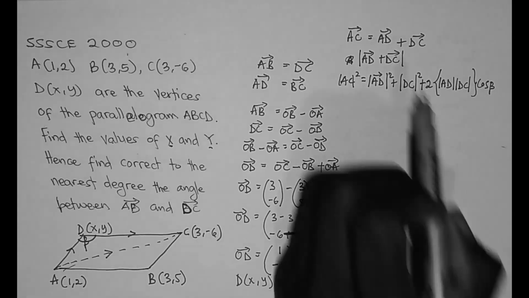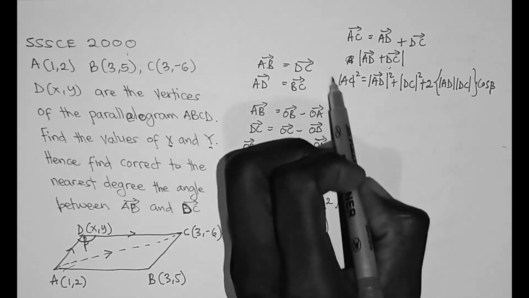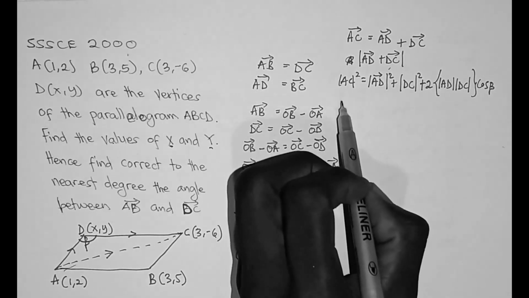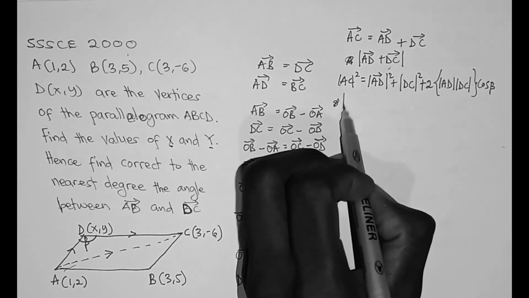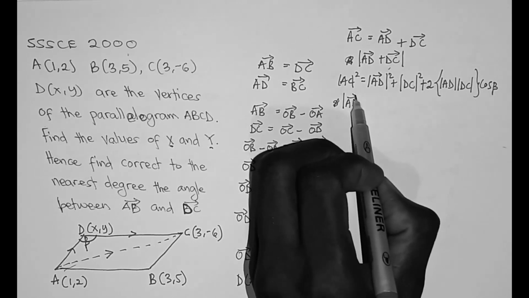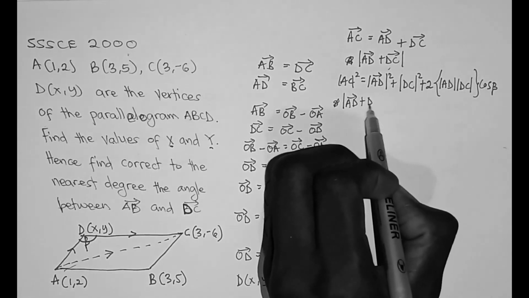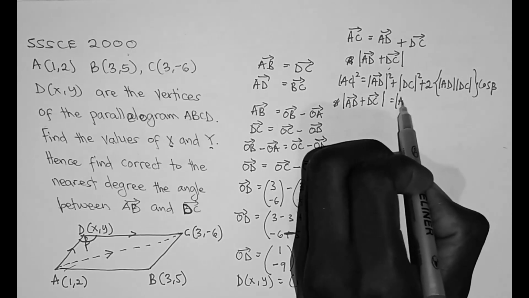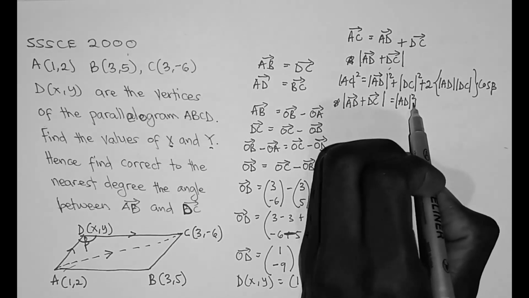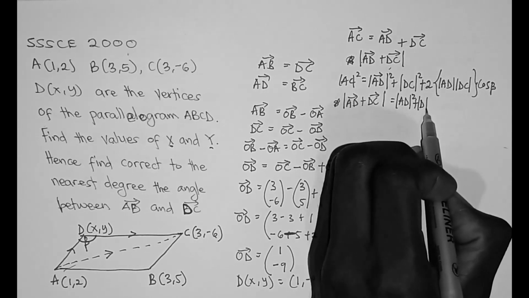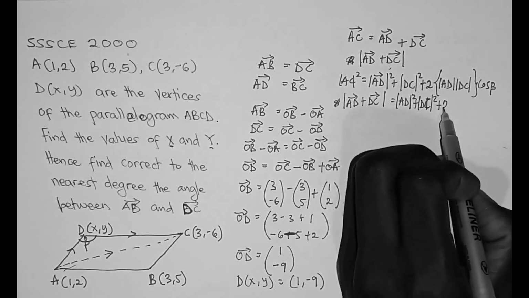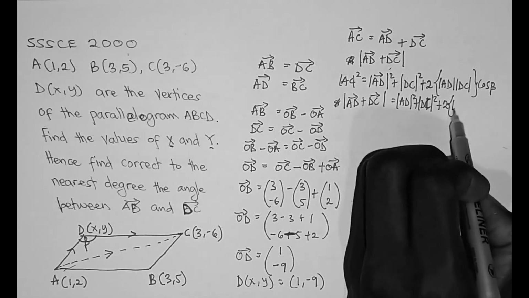But we've already established that magnitude of AC is equal to magnitude of AD plus DC. So magnitude of AD plus DC squared is equal to magnitude of AD squared plus magnitude of DC squared plus 2 times, into brackets, magnitude of AD.